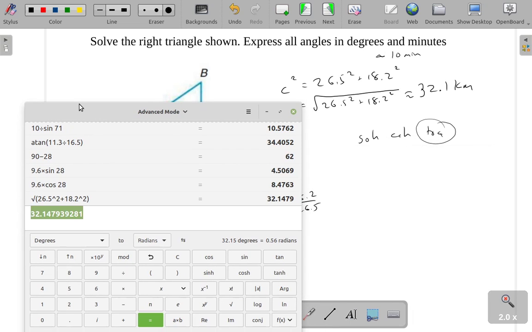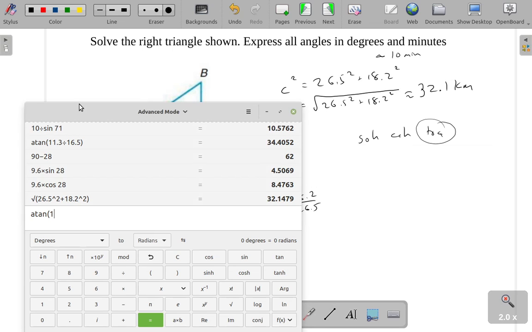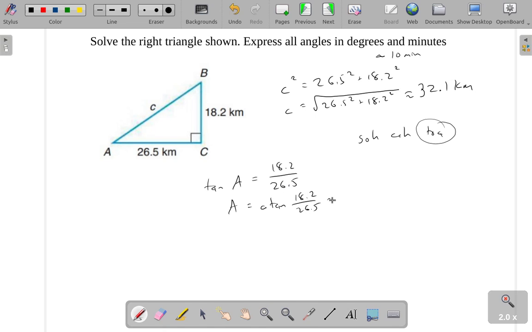The inverse tangent of 18.2 divided by 26.5 gives me 34.48, approximately 34.48 something, which is going to be 34 degrees.